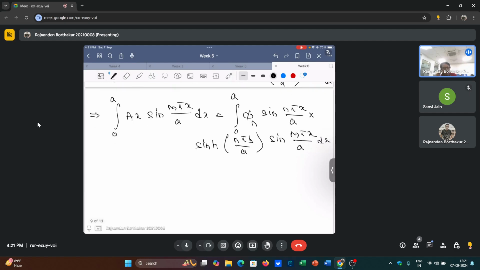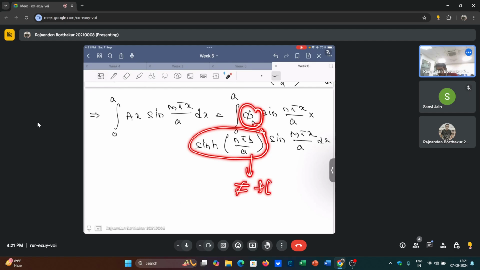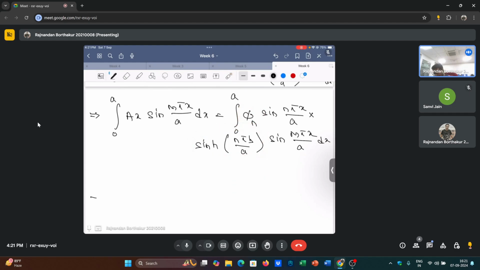All right. Now, although it looks a little voluminous, we can simplify a lot of things here. See, this phi n and this sine hyperbolic n pi b by a are not functions of x, which means I can simply take these outside the integral. Then I can write it as integral 0 to a ax times sine m pi x by a dx, and this becomes phi n times sine hyperbolic n pi b by a.